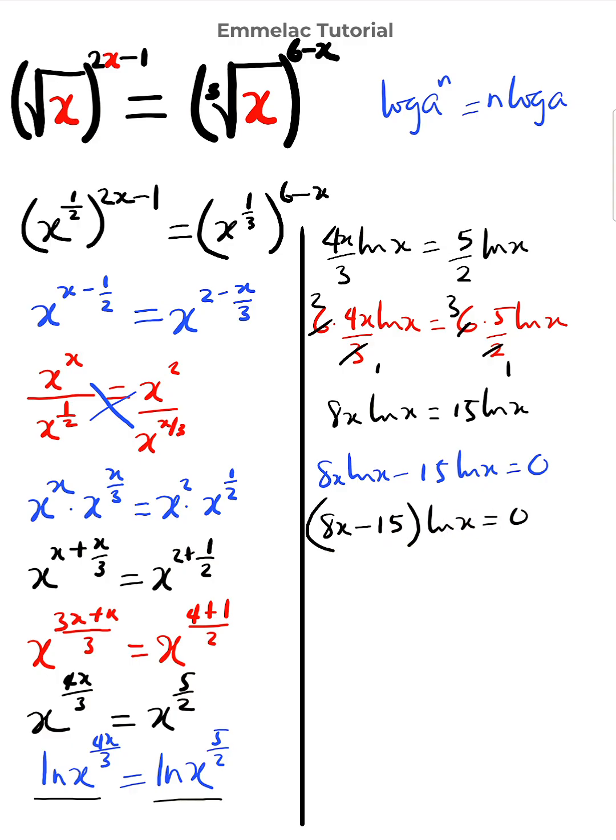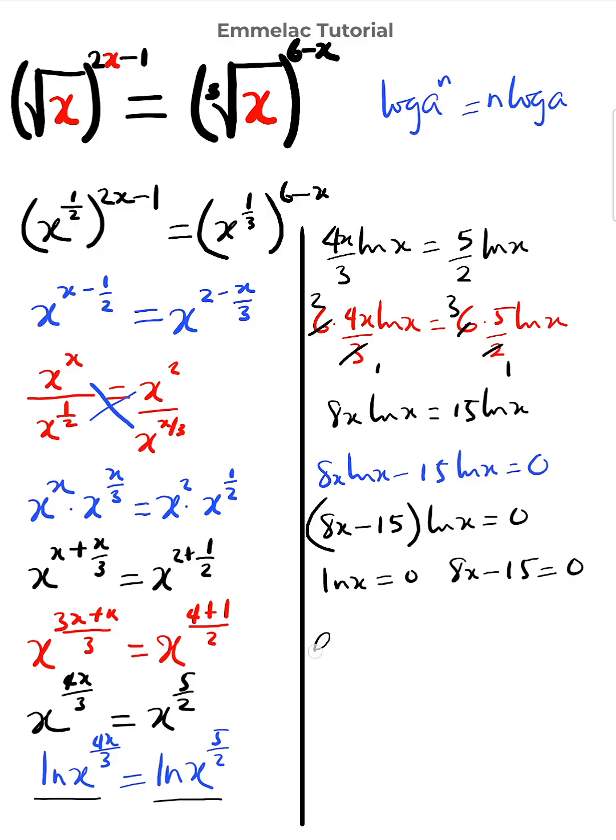So at this point, since these two terms multiply to give us 0, we can say ln x equals 0 for the first case, and 8x minus 15 equals 0 the second case. Now for the first case, all I just need to do is to raise both sides of this equation by e for me to find the value of x.